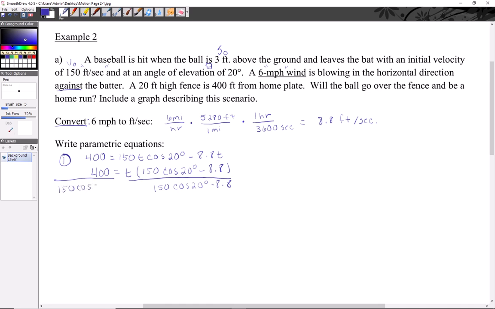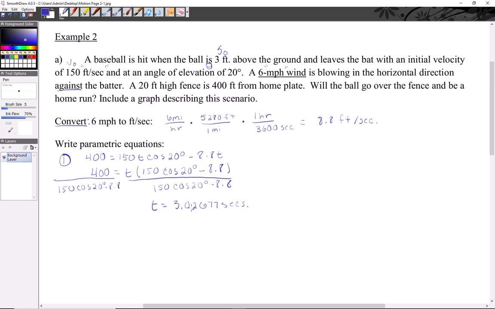So let me get this written. Lo and behold, t is going to be 3.02677 seconds. And again, that's at least 3 places of accuracy, so I'm where I need to be.